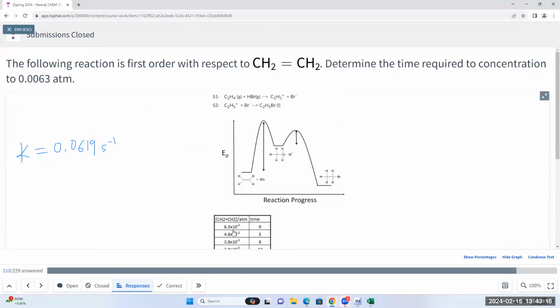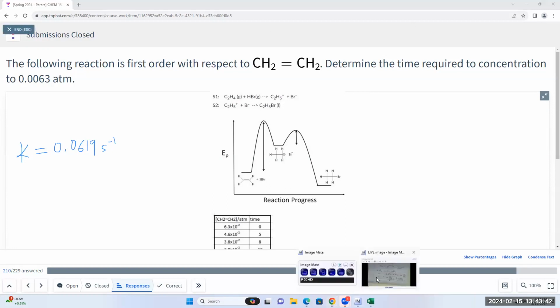At time 0, it is 0.063, right? At time t, that's what they're asking for, it's 0.0063. And divide this by the rate constant, which is this.